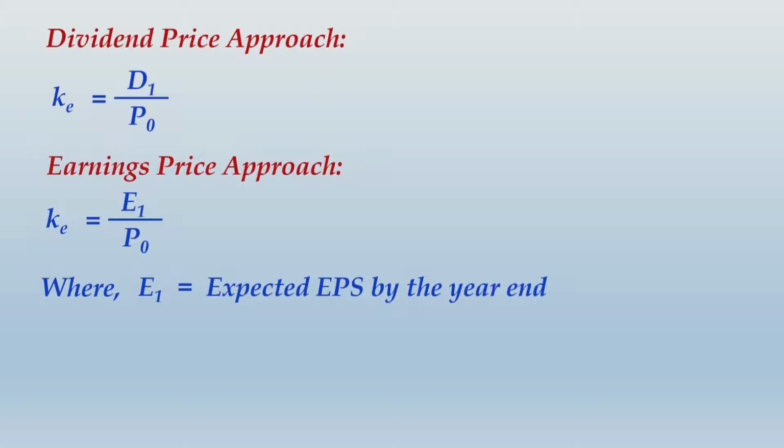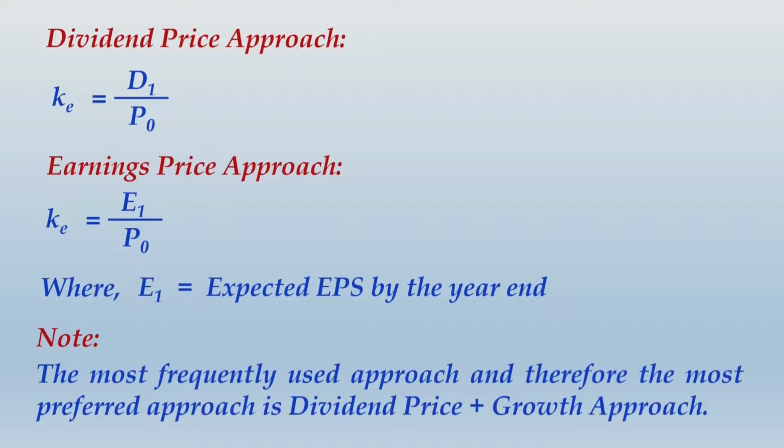Obviously I have to discuss this entire thing in detail, but let us first finish the writing work. Out of the first 3 approaches, it is dividend price plus growth approach that is the most important, most logical and most frequently used approach.